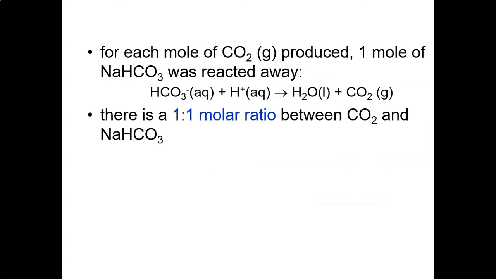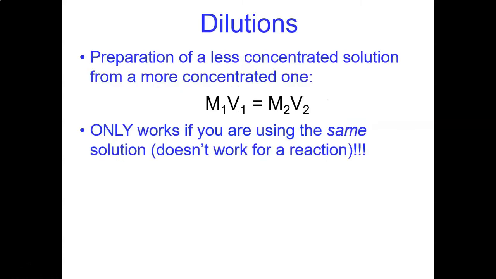From the chemical equation, for each mole of carbon dioxide gas produced, 1 mole of bicarbonate has reacted. Therefore, the molar ratio of carbon dioxide to bicarbonate is 1:1. We can use this conversion factor to convert from the measured mole number of carbon dioxide to the mole number of bicarbonate.